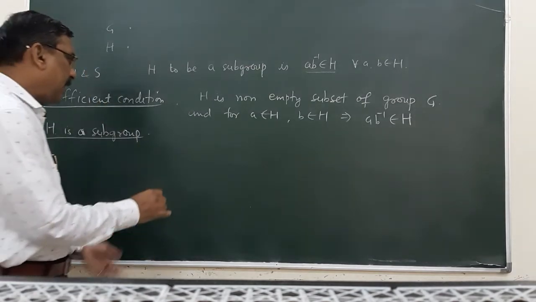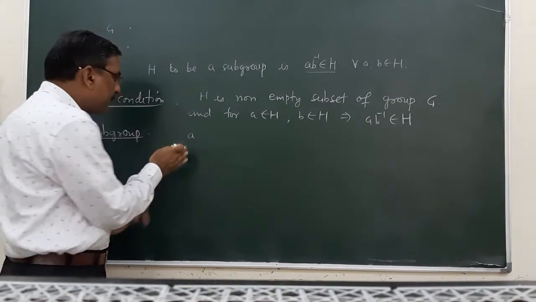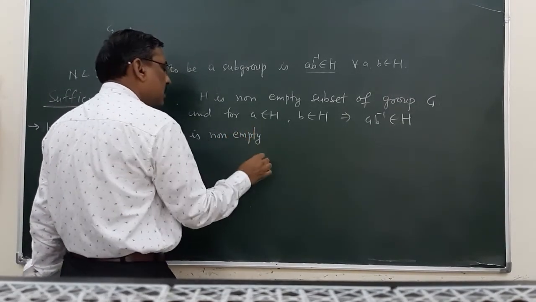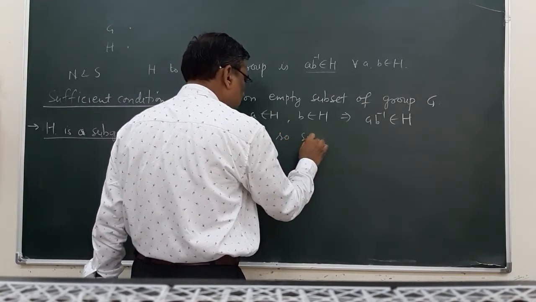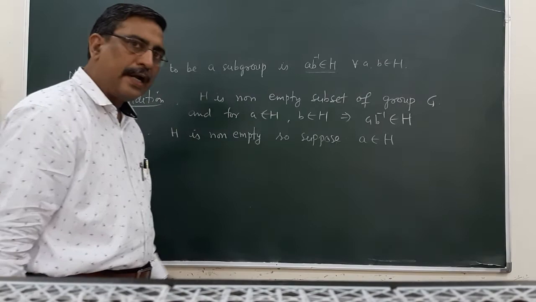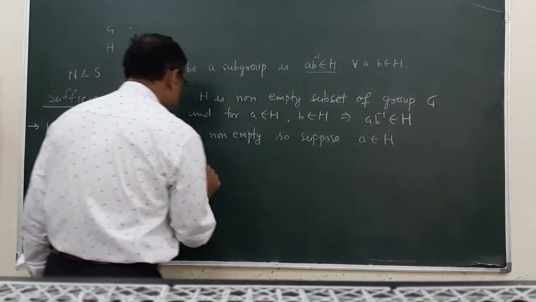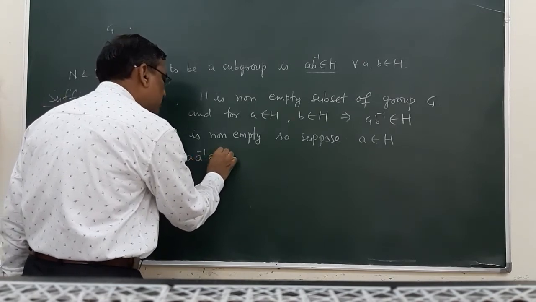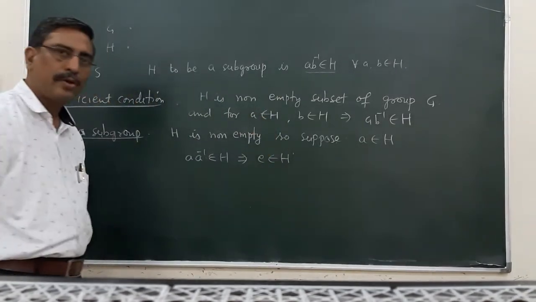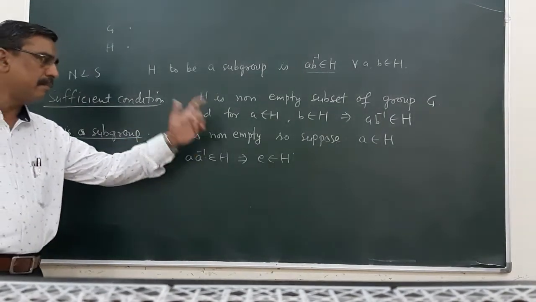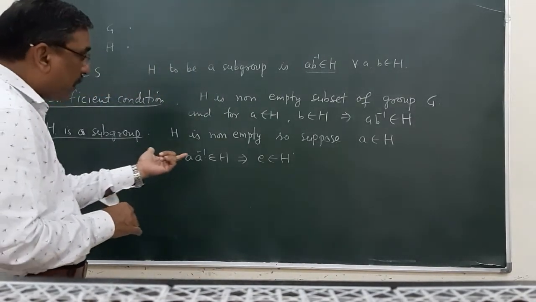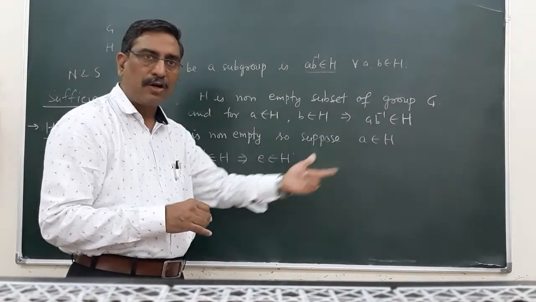Now H is non-empty, so suppose a belongs to H. Using this property, a a inverse belongs to H, and this implies a a inverse, which is nothing but identity e, belongs to H. So first, identity belongs to H. Second, for any elements, the associative property automatically holds.